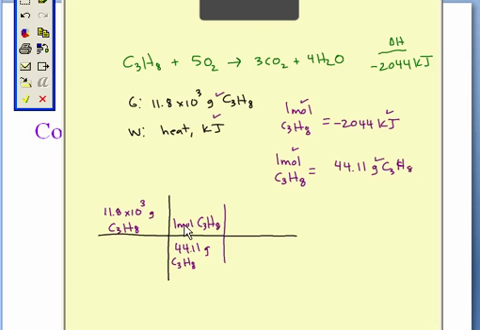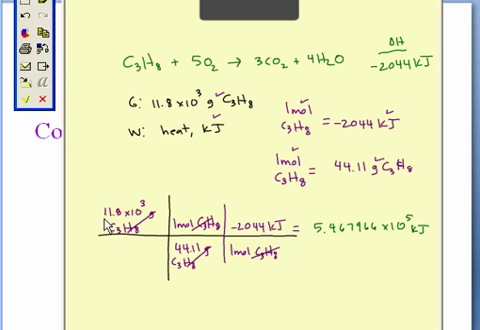Now my units are moles of propane. I want kilojoules, my final answer. Here's my conversion factor, and this came from my balanced equation. My moles of propane cancel out, and the answer my calculator gives me is 5.46796 times 10 to the 5th kilojoules. Now let's look at my sig figs.